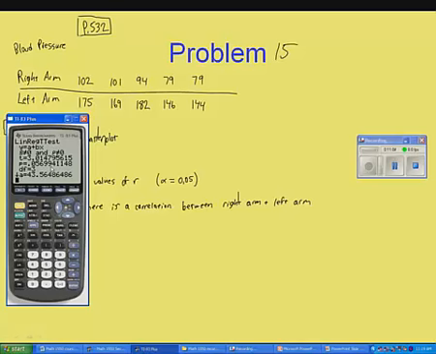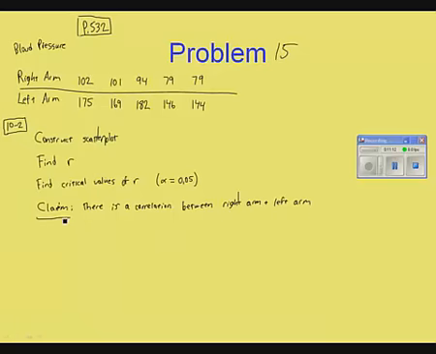Now, what's the null? Well, that's kind of confusing, I guess, right? Claim. There is a correlation between the right arm and the left arm. Okay? So here, I guess that would be my original claim.